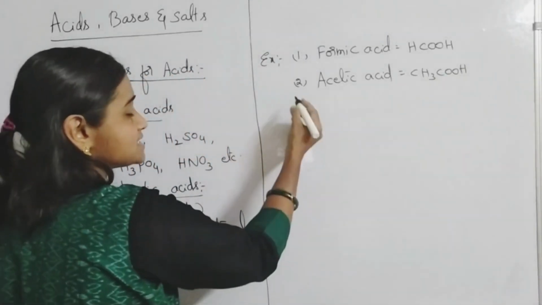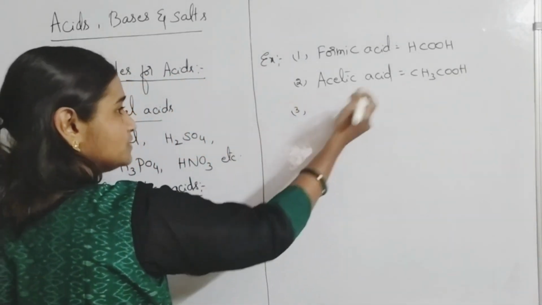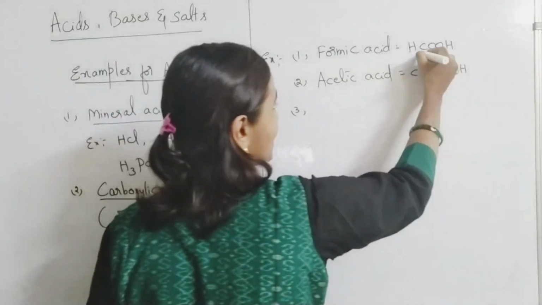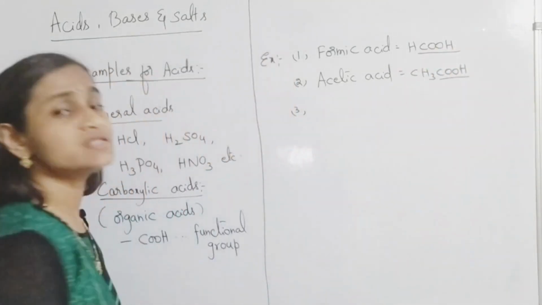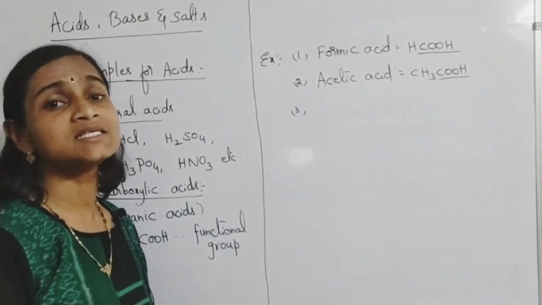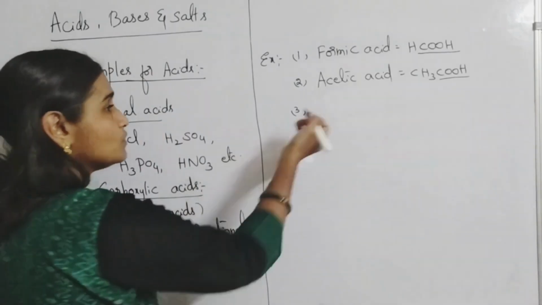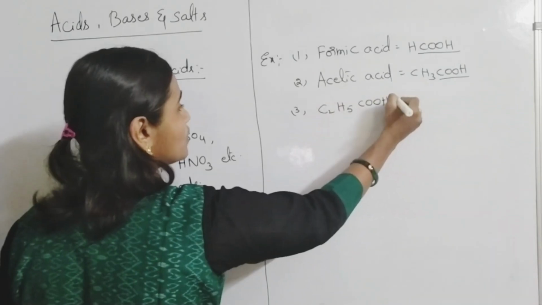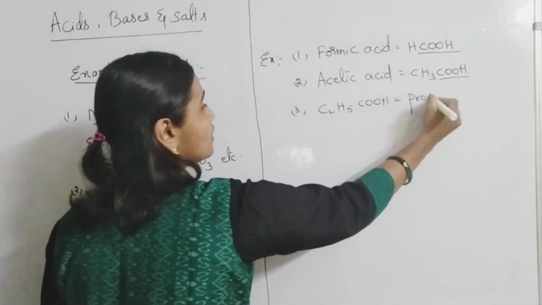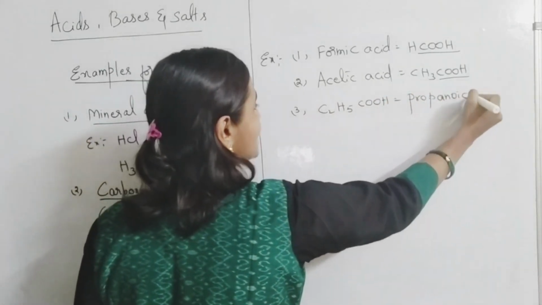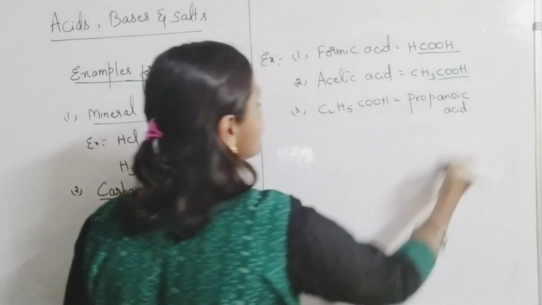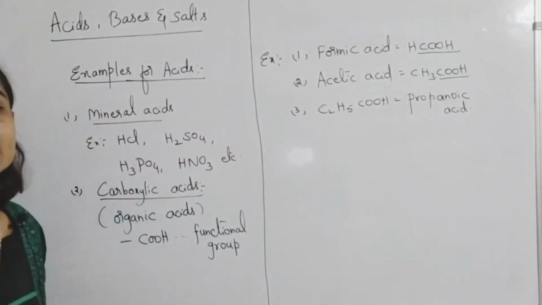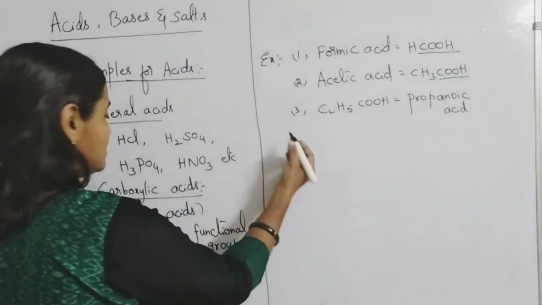And you have some other acids in which COOH is there as the functional group, like C2H5COOH, which you call propanoic acid. So like that, organic acids are also available for us.